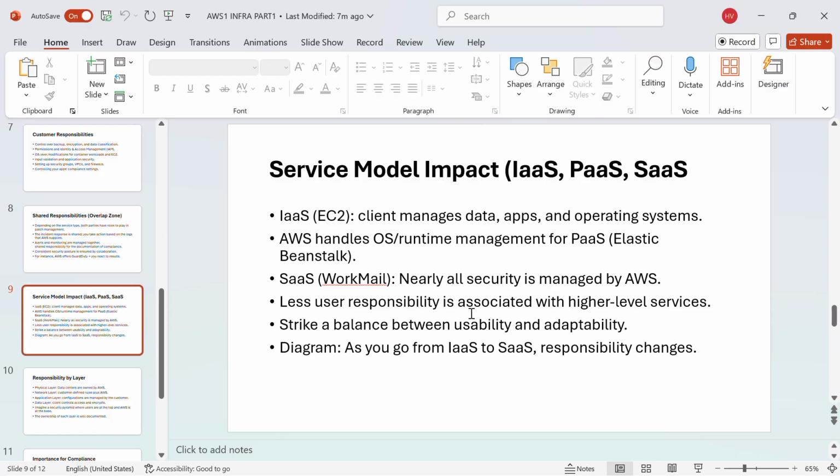Less user responsibility is associated with higher level services. Strike a balance between usability and adaptability. Diagram: as you go from IaaS to SaaS, responsibility changes.